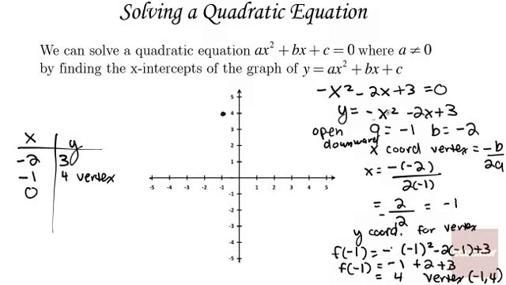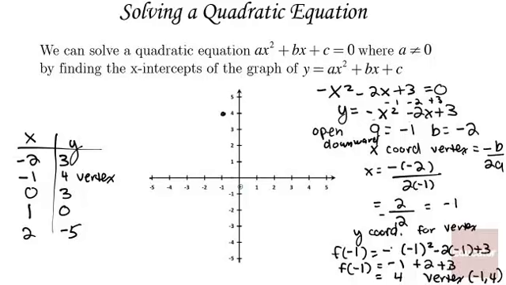When x is 0, these two terms drop out, and that leaves y as 3. When x is 1, I'm going to get negative 1 minus 2 plus 3, and this is negative 3 plus 3, which cancels out. I get a 0. And when x is 2, y is negative 5.